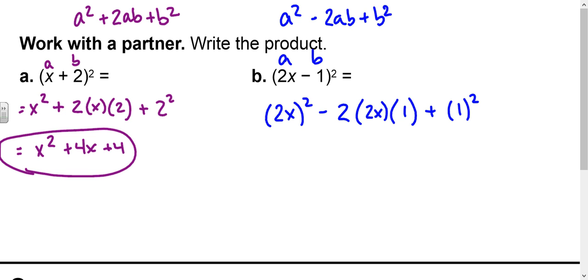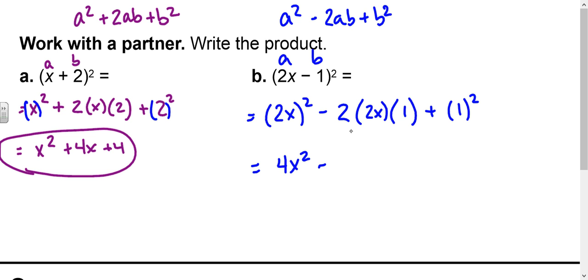And you don't have to put all these in parentheses, or you can put them in the parentheses. Like I could have put parentheses around this and around this if I wanted to. It doesn't matter.